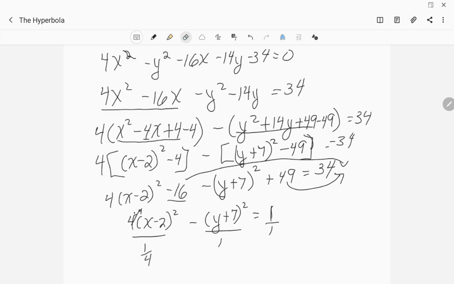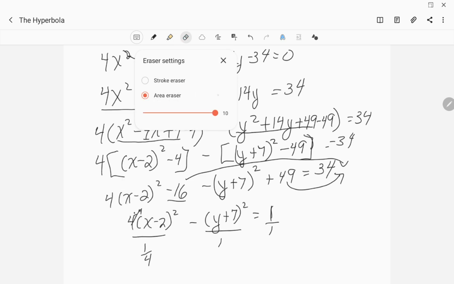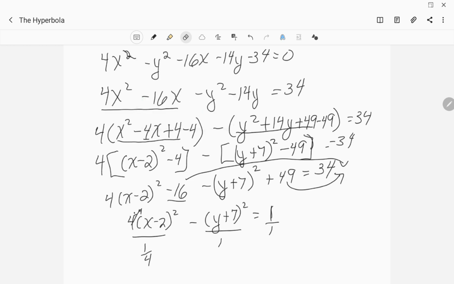So this 4 is now gone. And this is really what I have for standard form. This is what I have in terms of standard form.